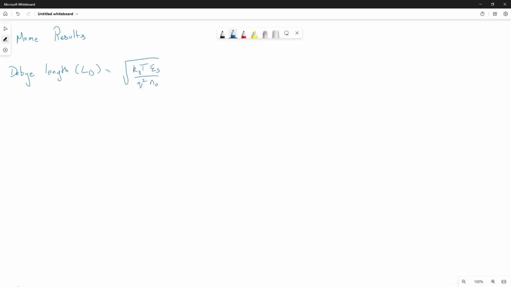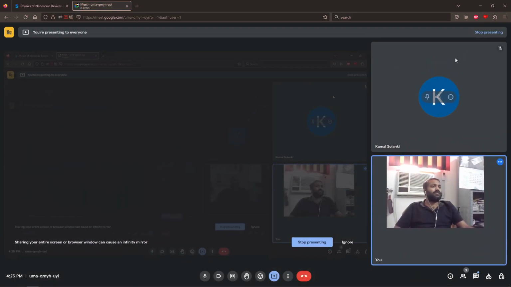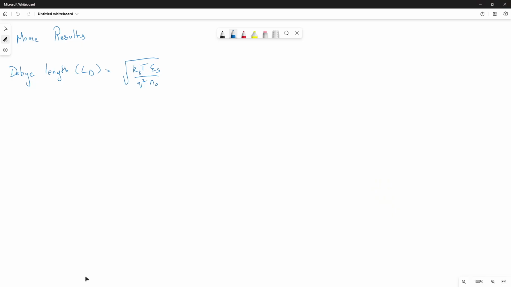I hope I've written this correctly. Let me check. Yeah, that's correct. So this is the characteristic length of screening.